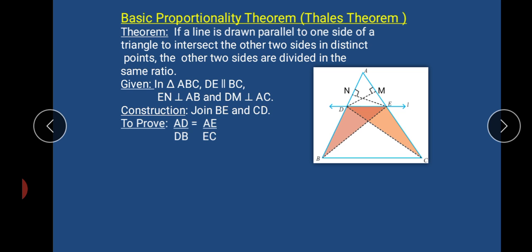Join BE and CD. What is asked to prove is AD upon DB is equal to AE upon EC. What we'll do is we'll select two triangles, one with AD as the base and the other with DB as the base.